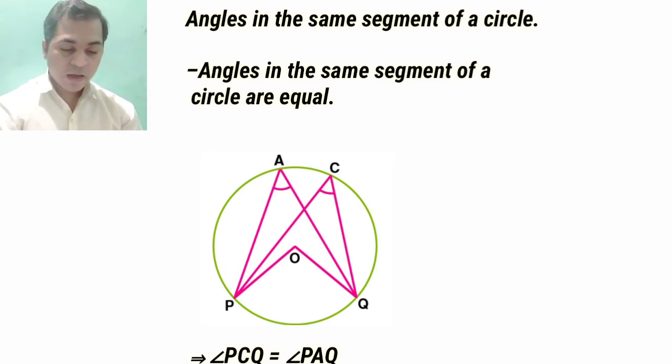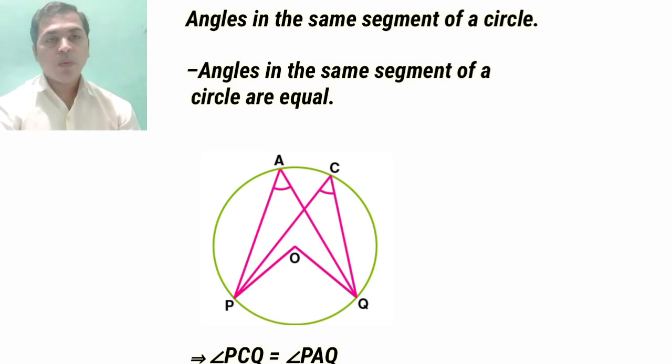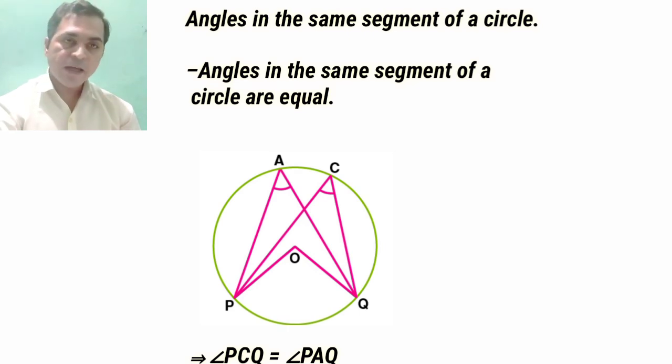These are in the upper part of the circle, in one segment of the circle. So angle PAQ and angle PCQ will be congruent, meaning they will be equal.